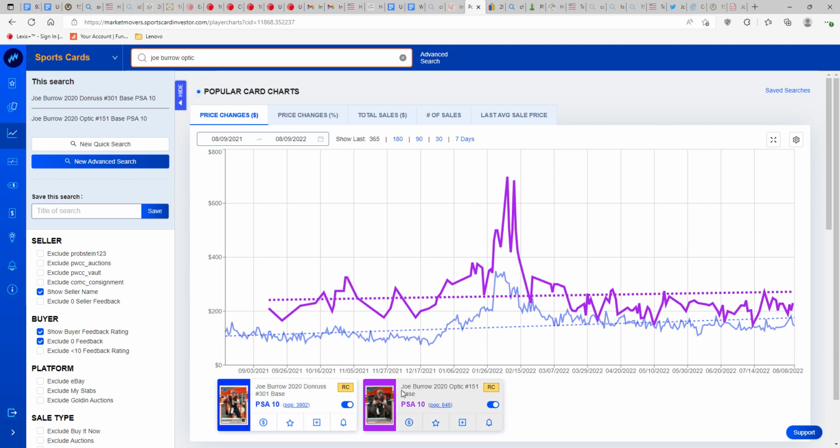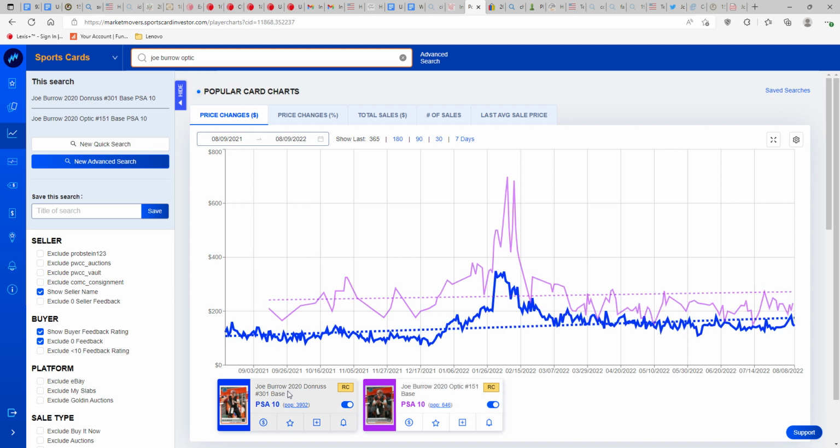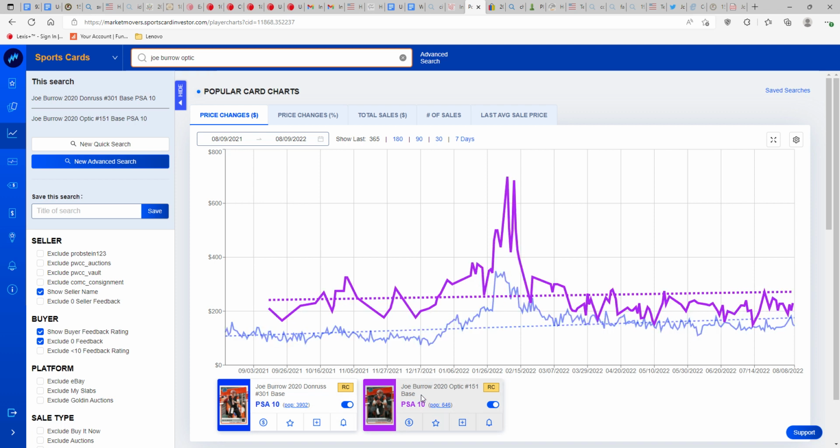And then the second card that we're going to be looking at is very similar to the Donruss rated rookie base. It is the Optic base in PSA 10. You'll see that that one also has the rated rookie stamp on it. And that's what makes these very similar cards. So when we look at the Donruss base and the Optic base against each other, we're able to notice trends in the way the Optic trades relative to the base and vice versa.